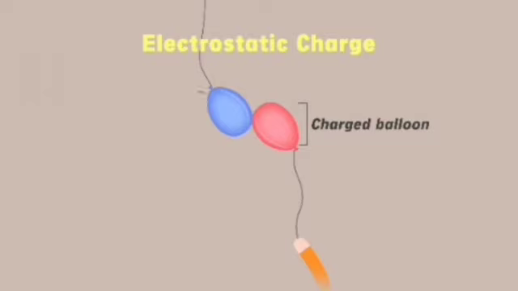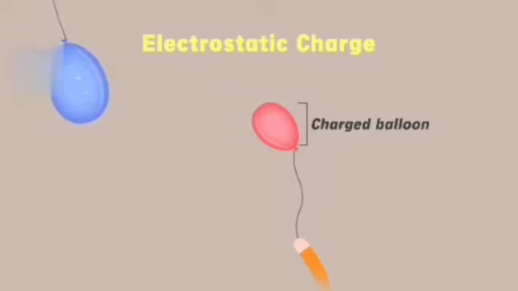What about this suspended balloon? We can call it the uncharged balloon, since it has no charge. It does not have any charge as we haven't rubbed it with anything. Now rub the suspended balloon also with the woolen cloth. It will also be charged.